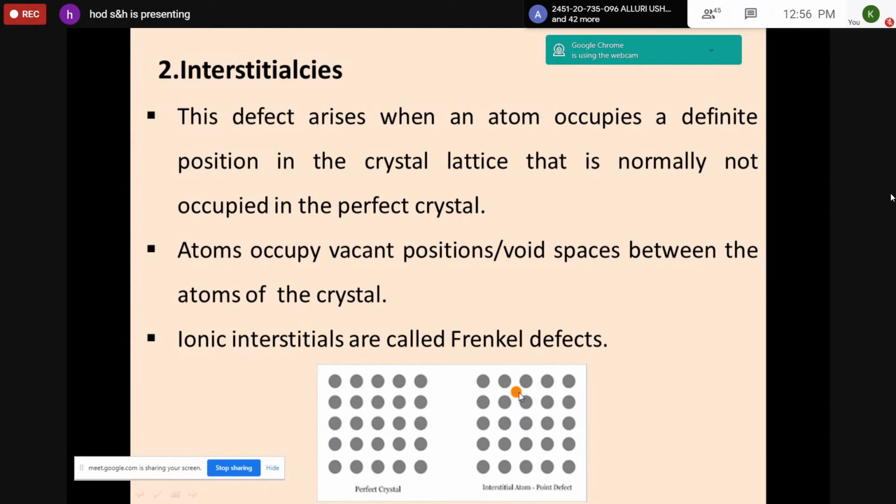And you take these two diagrams also. For a perfect crystal, each and every lattice point is occupied with one atom. But here, an extra atom is occupying a void space. Please note down this diagram and take a screenshot of these points.